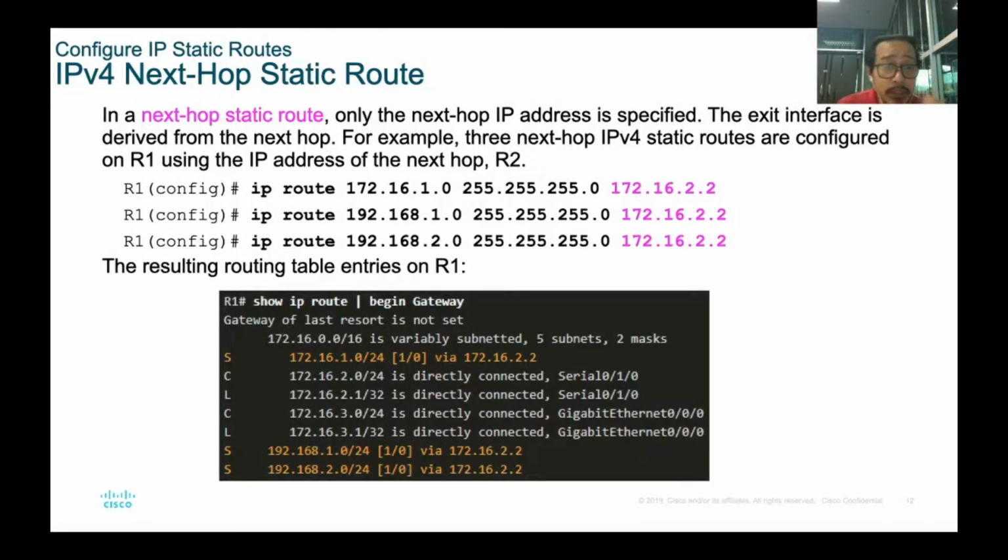So what is the next hop? Next hop is the IP address of their neighbor. In order to go to network 172.16.1.0, we must go through this neighbor IP address, 172.16.2.2.